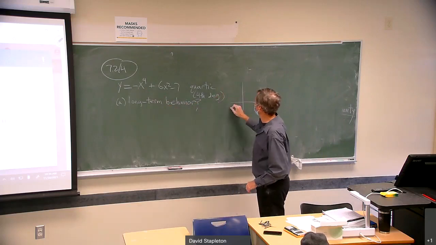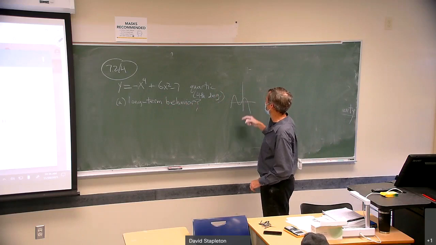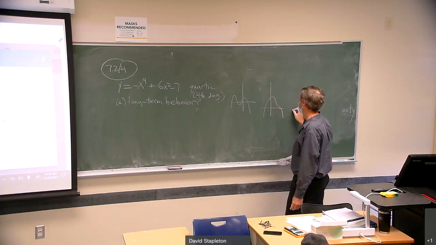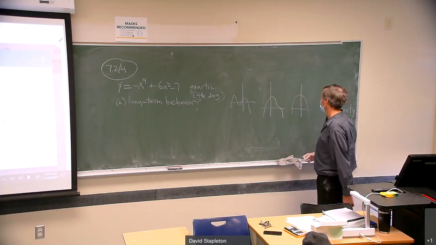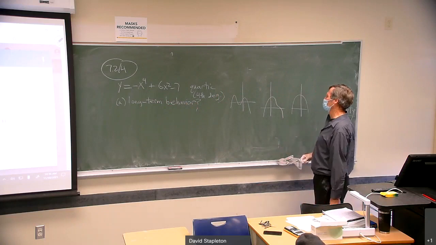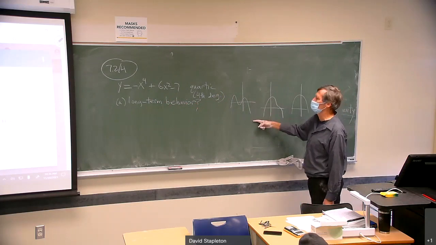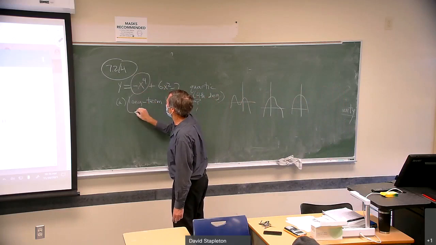It can be downward like this with 3 turning points, or it could be downward like this with 1 turning point, possibly with a wiggle over here. Might not have a wiggle, right? So it's one of these kinds of things where the long-term behavior is down on both sides because for long-term behavior, only look at the dominant term.